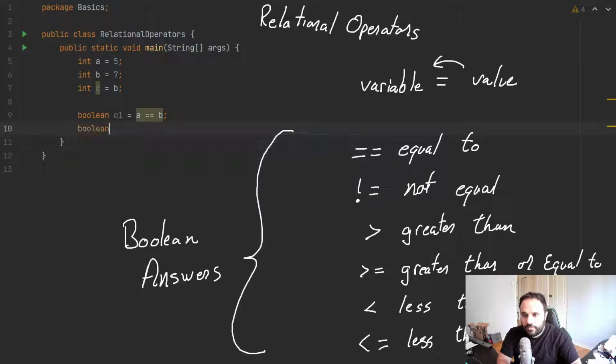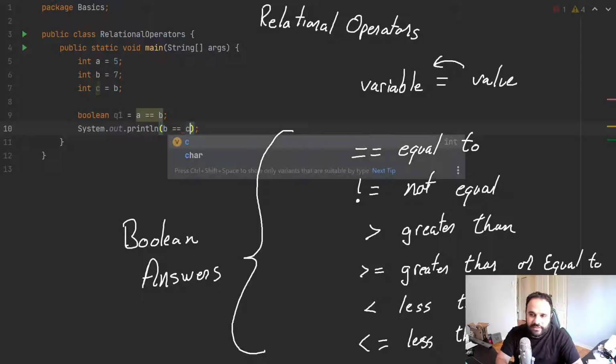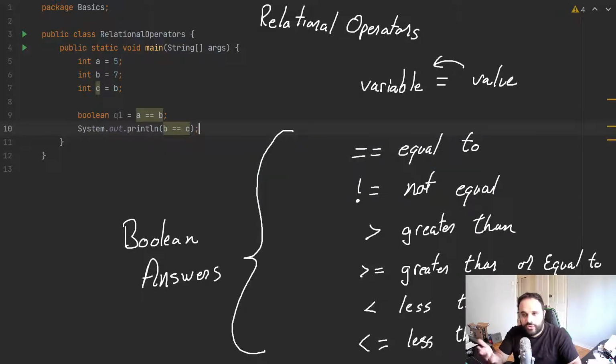So the same way I could put it inside of a variable, I could also output it to a screen. As an example, we could say, is B equal to C? And we obviously know it's always going to be true because they both have the same value. I'll print out Q1 as well.